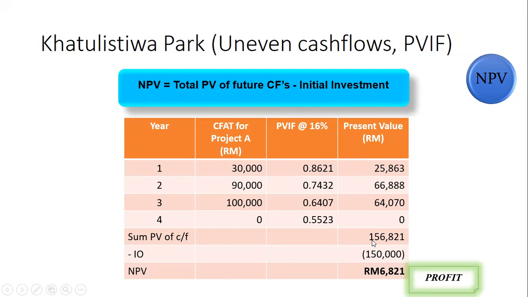So in this case, Khatulistiwa Park earns 156,821 throughout the 3 years of return. Deduct the initial outlay of the project, 150,000. The project brings an excess of 6,821 ringgit of profit.